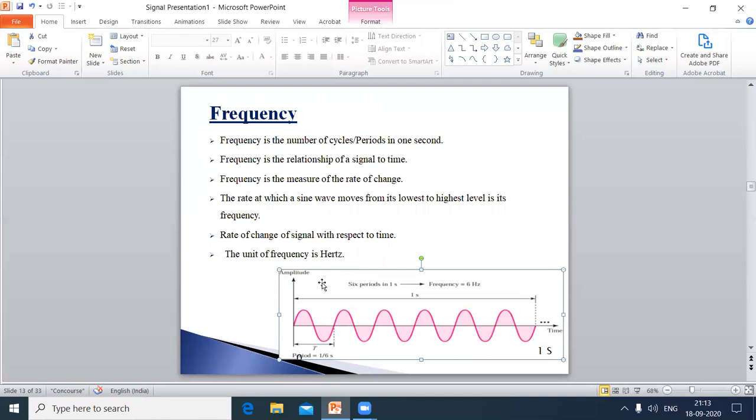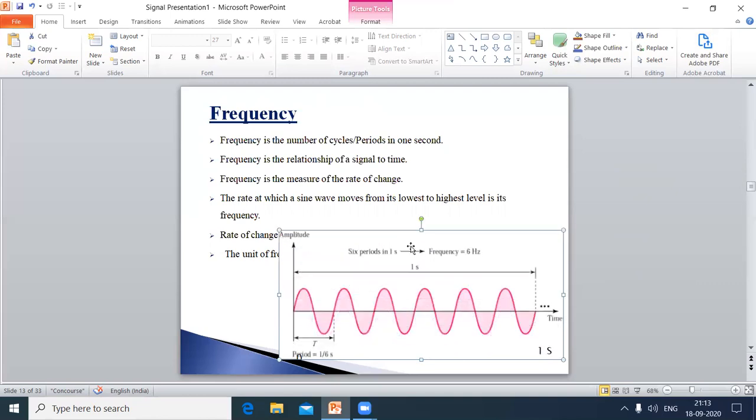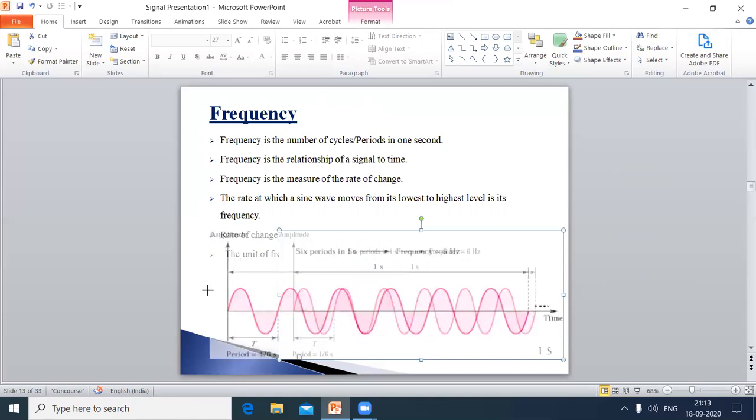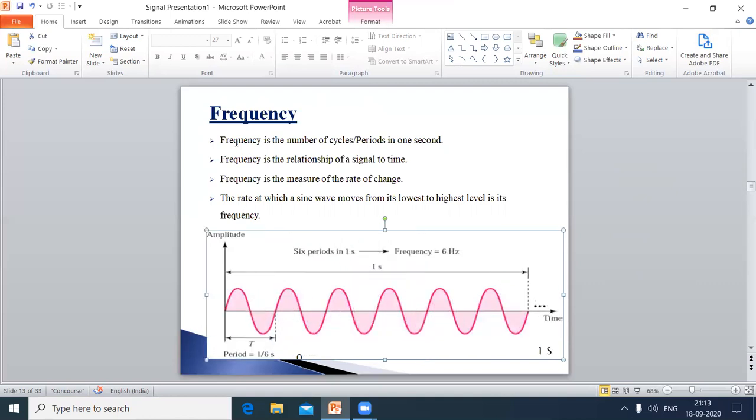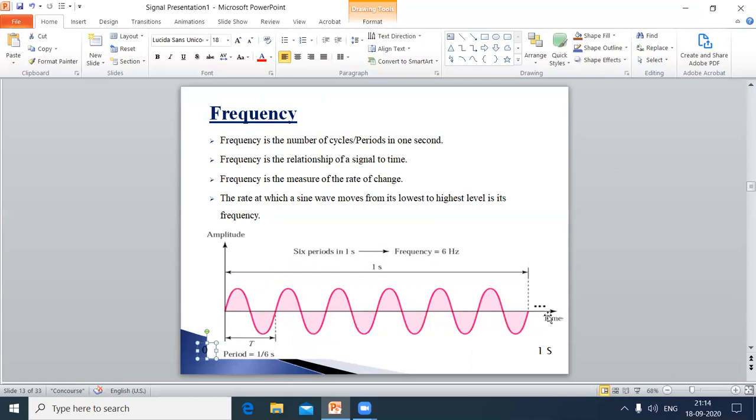Okay, listen here. This picture shows frequency as the number of cycles or periods in 1 second. For example, take 0 to 1 second of timing. Against time and amplitude, you have a cycle first, which is called a period or cycle.